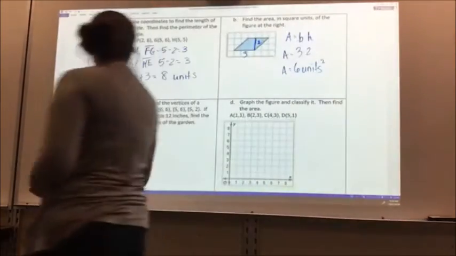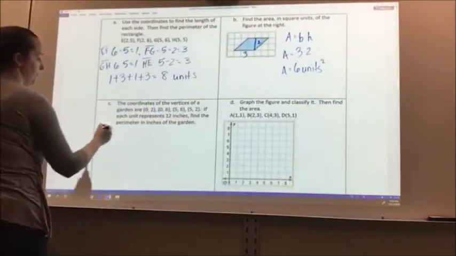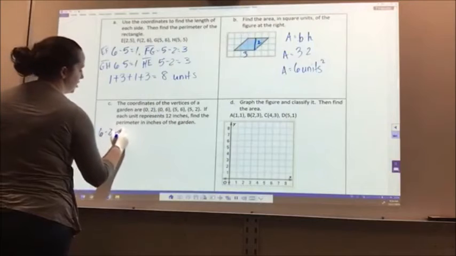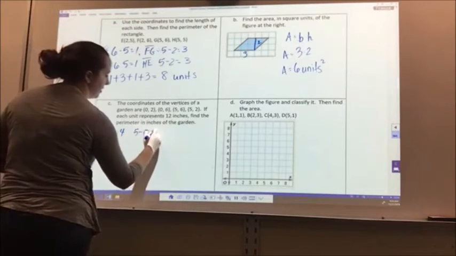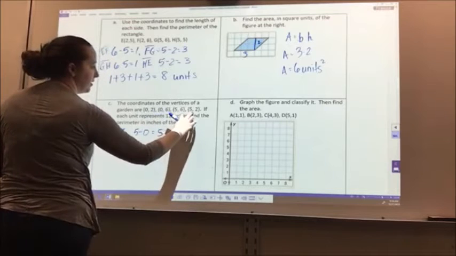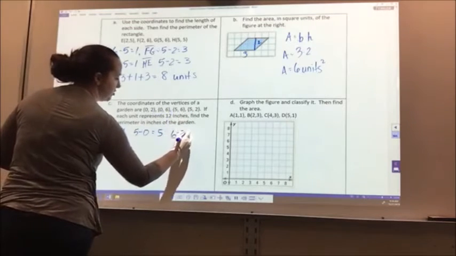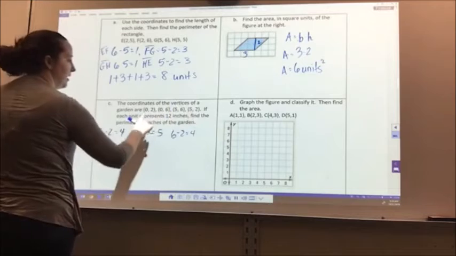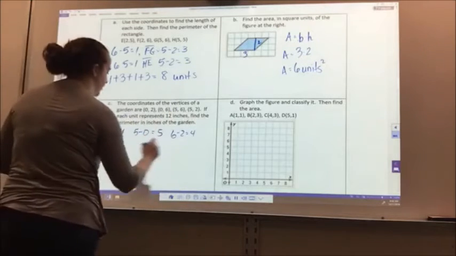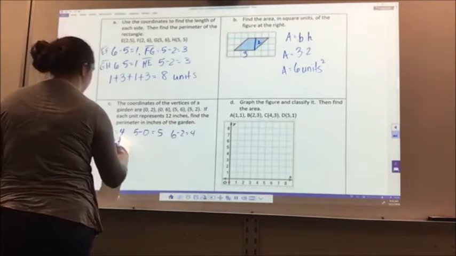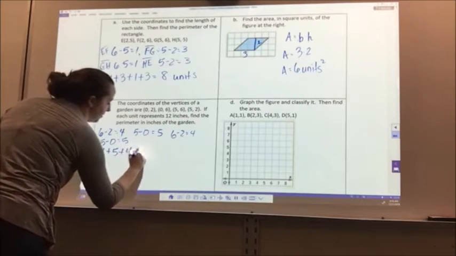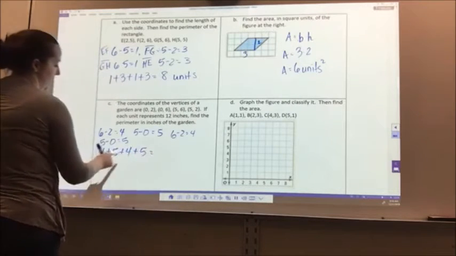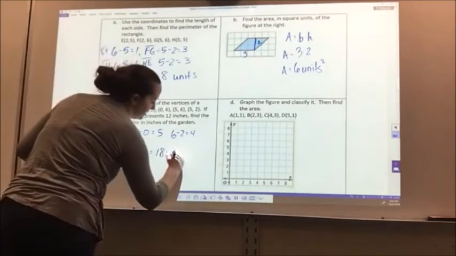So again, I need to subtract. 6 minus 2 is 4. 5 minus 0 is 5. 6 minus 2 is 4. And then 5 minus 0 is 5. So my perimeter is 4 plus 5 plus 4 plus 5. So 9 and 9, which is 18 units.